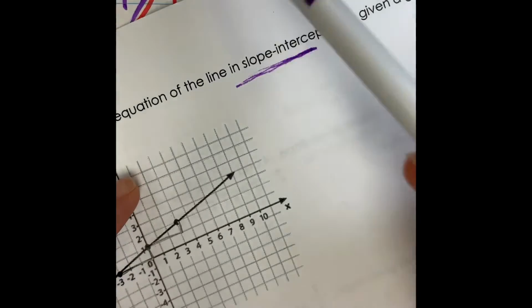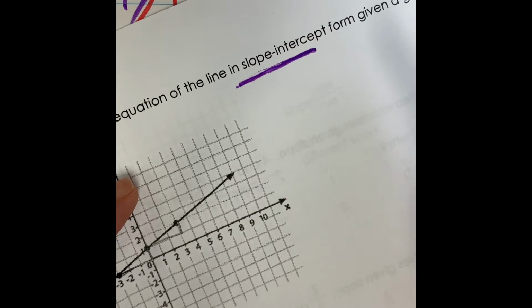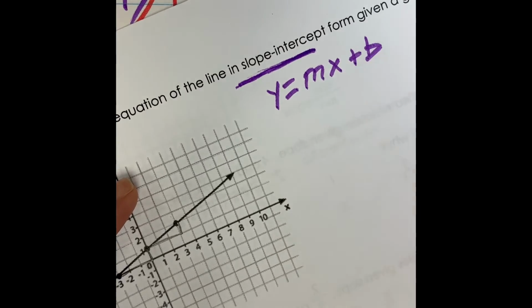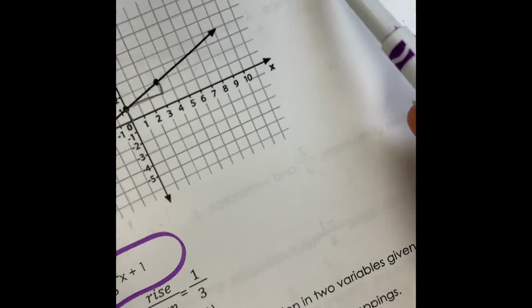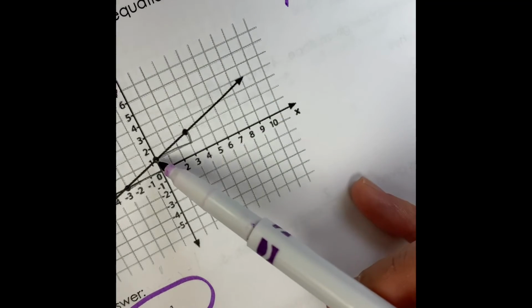We just talked about point slope form. So what is slope intercept? y equals mx plus b. So they give you this form, right? M is 1/3, and b, the y-intercept, is 1.